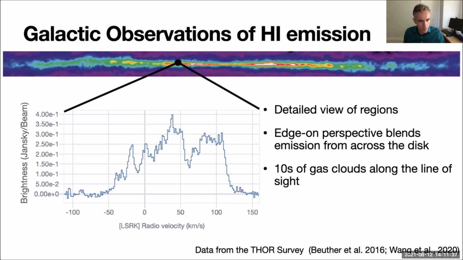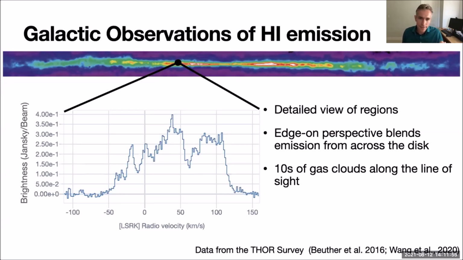That's shown here in this graph in the bottom part of my screen. It's showing the amount of light I get, the brightness, measured as a function of velocity. And the velocity I'm getting is from the Doppler shift applied to the 21 centimeter spectral line.